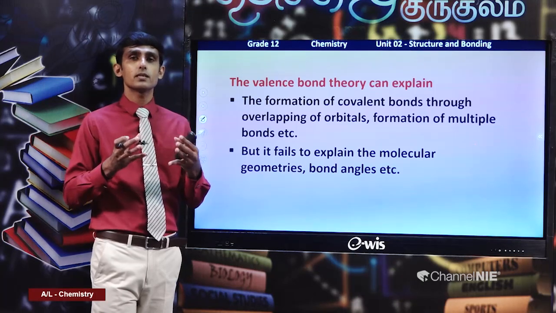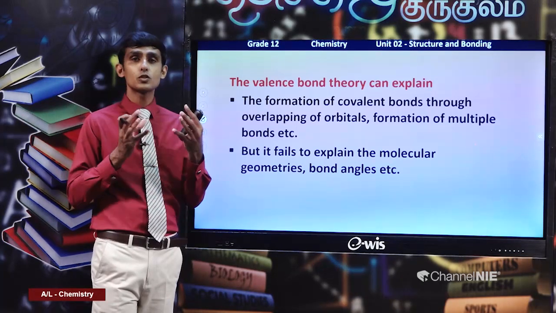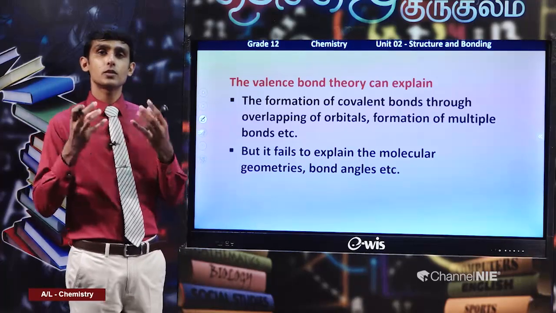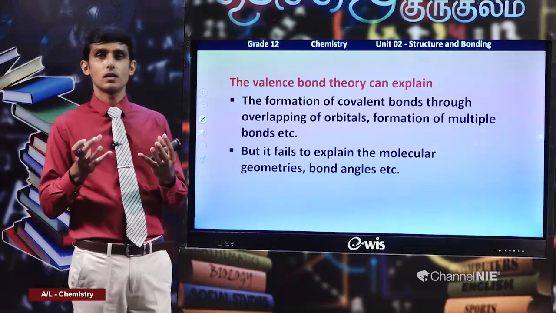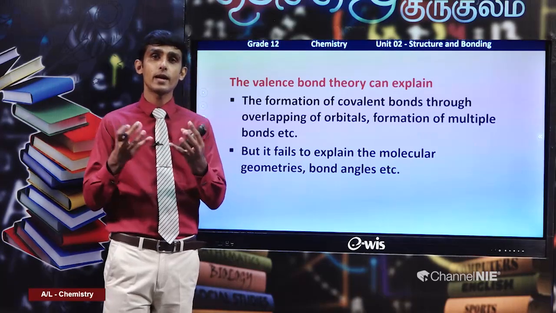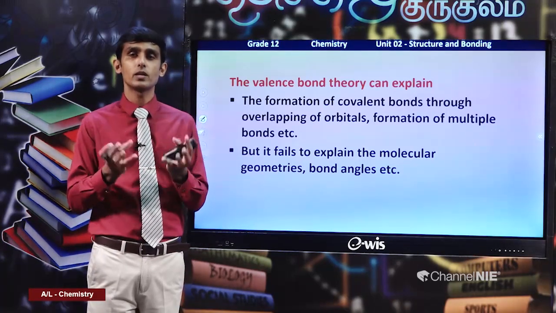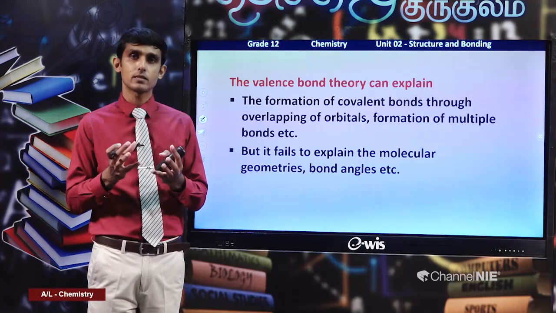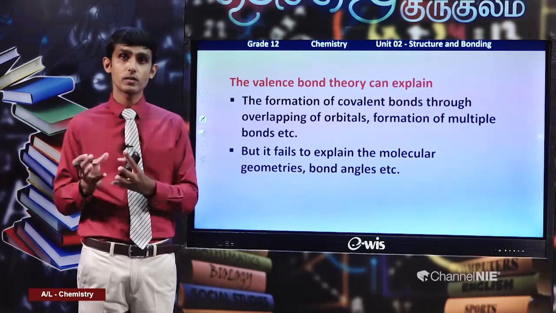Valence bond theory sometimes fails to explain the actual shapes and actual bond angles of molecules. We can measure the bond angles and bond lengths of these molecules using X-ray diffraction methods.